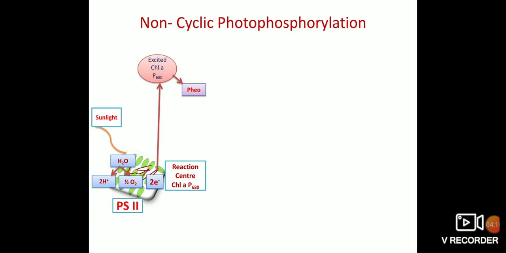The splitting of water in the presence of sunlight is called photolysis of water. During the photolysis of water, the electrons which are liberated are transferred to the pheophytin.